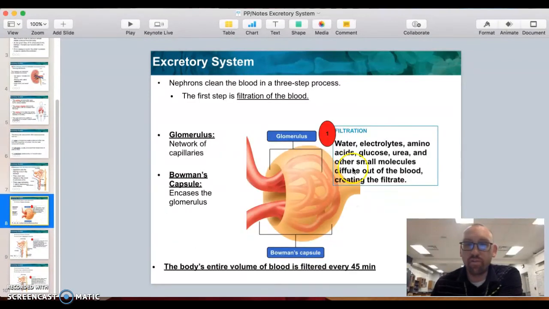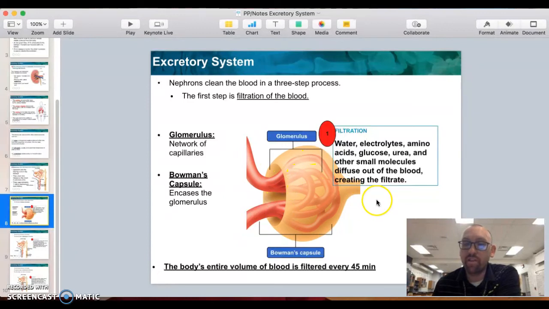So the 3 steps to the filtration process are essentially this. When the blood comes in, first you're going to get filtration. As the blood goes through this part, and you don't need to know all these terms, just know that first the water, electrolytes, amino acids, glucose, urea, all these molecules are going to come out of the blood. So the first step is that the nephron takes everything out of the blood, completely filters it. So now you would have almost completely pure blood.